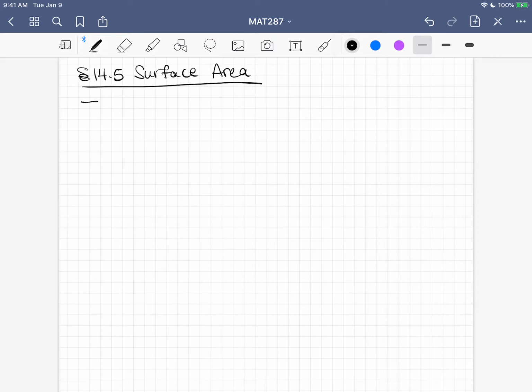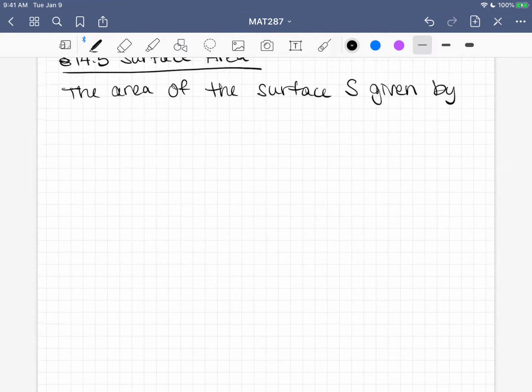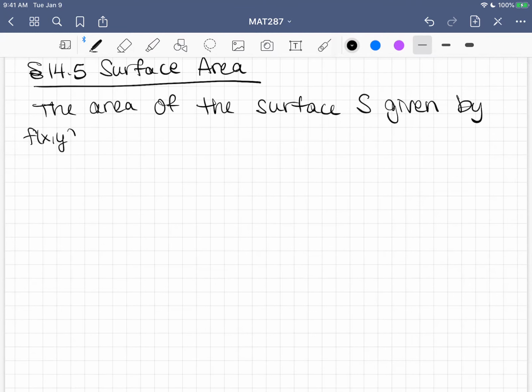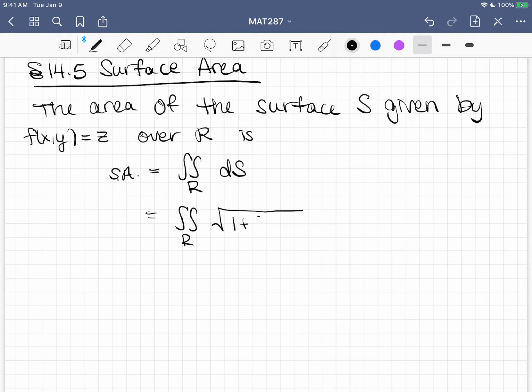All right, so let me give you the formula. The area of the surface S given by f of x, y equals z over some region R is given by surface area equals double integral over R dS, where dS is the square root of 1 plus the partial of f with respect to x, squared, plus the partial of f with respect to y, squared, dA.